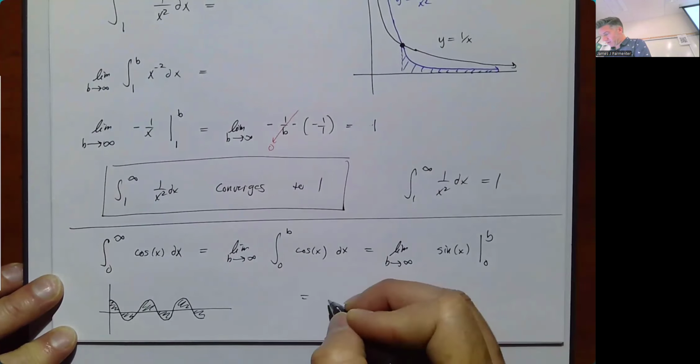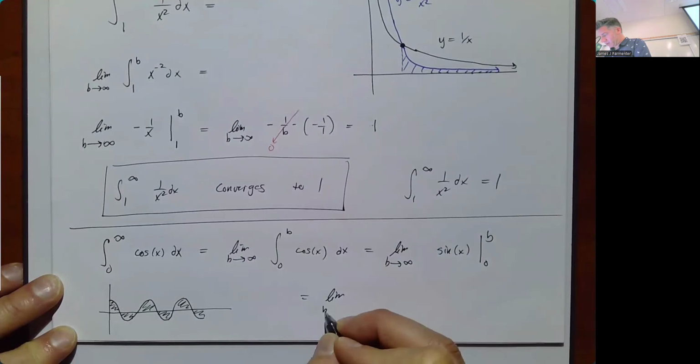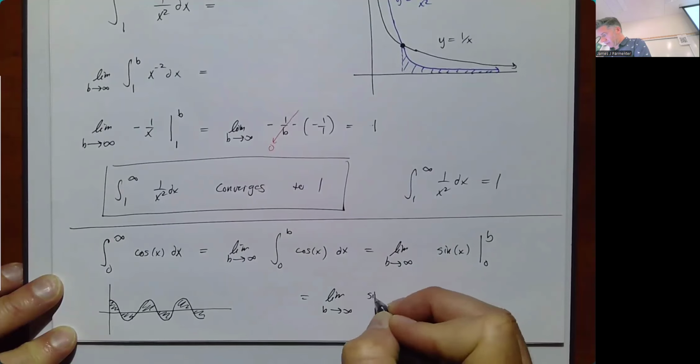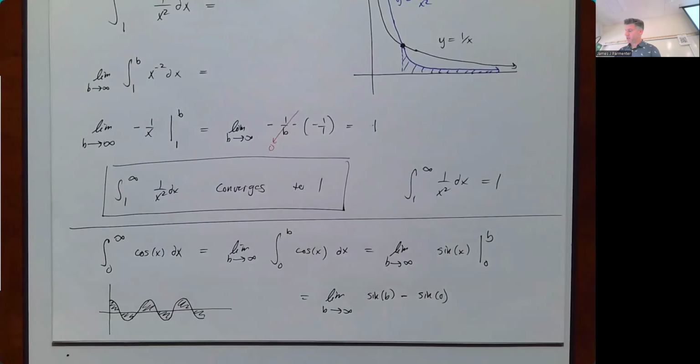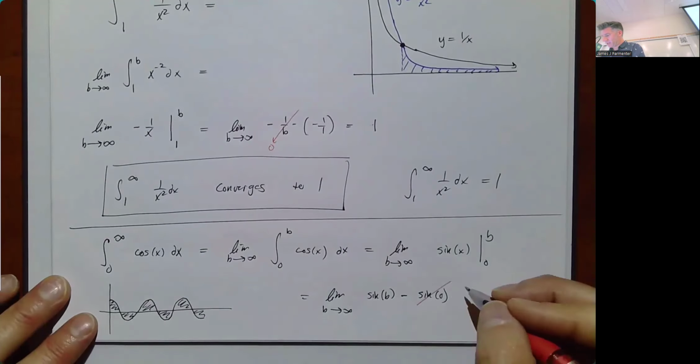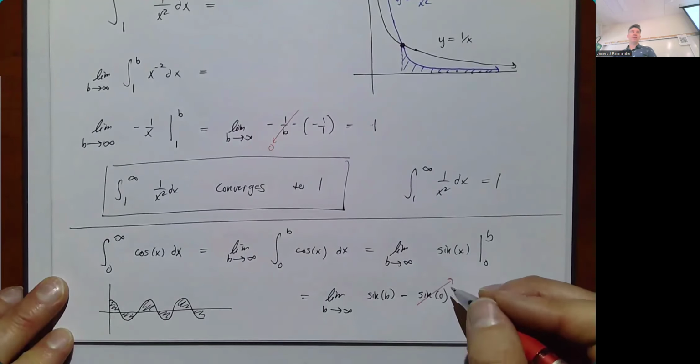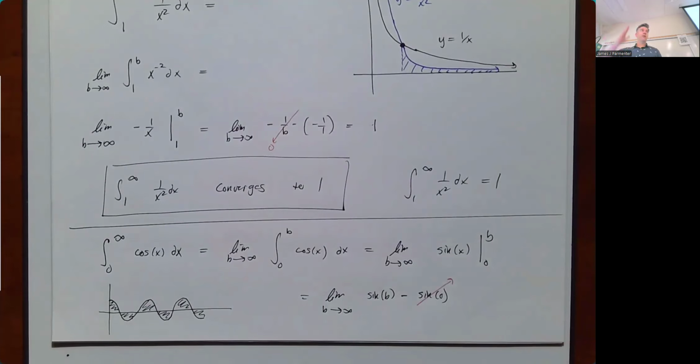We plug in, we get the limit as b goes to infinity of sine of b minus sine of 0. Sine of 0 is 0. And now let me ask you, thinking about what the sine function looks like, as you go further and further to the right, as b goes to infinity, what value does sine get closer and closer to?